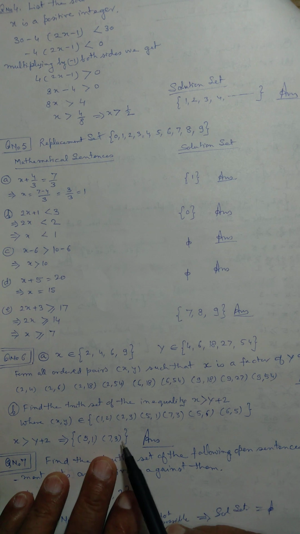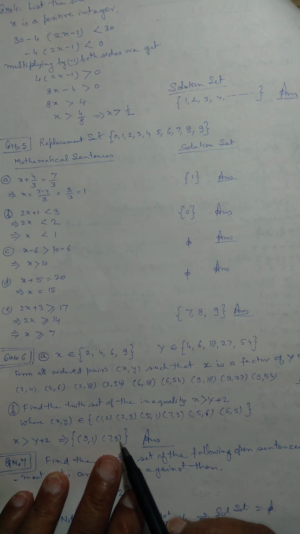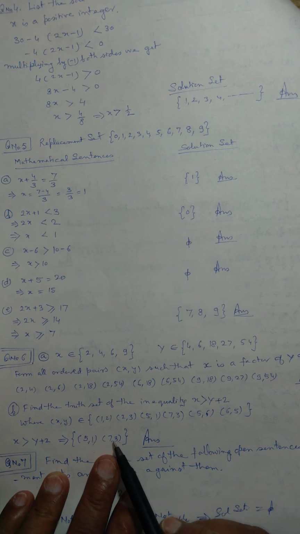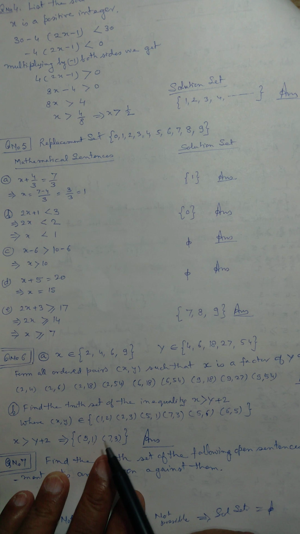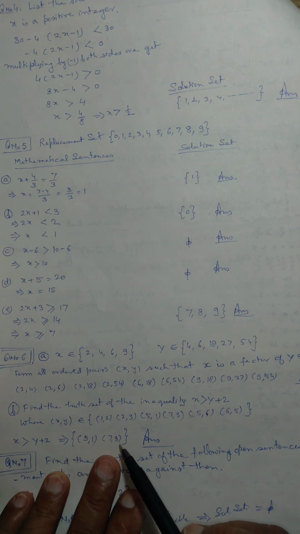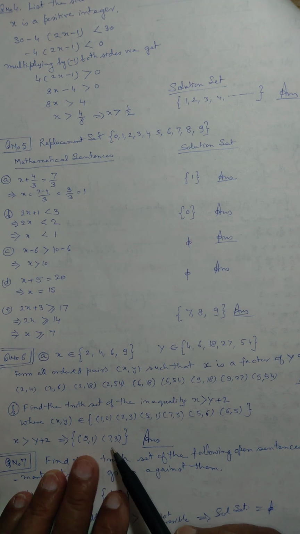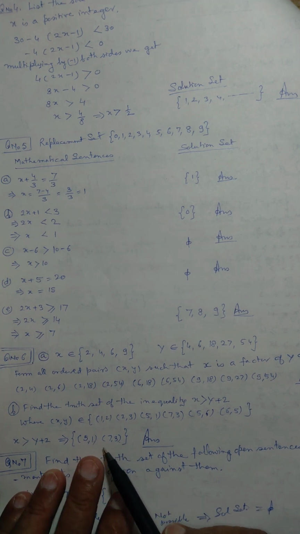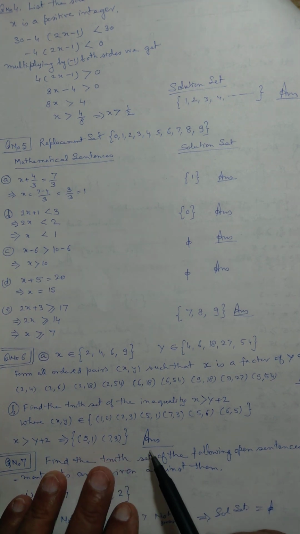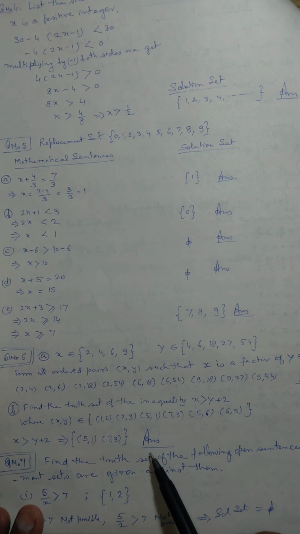Now here you see 7 and 3. If you add 2 to 3, again 7 will be greater than 5. That is why I have taken these two ordered pairs, that is 5 1 and 7 3. This will be the answer for question number 6.